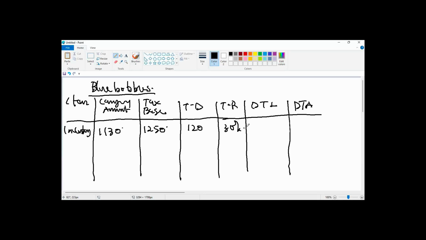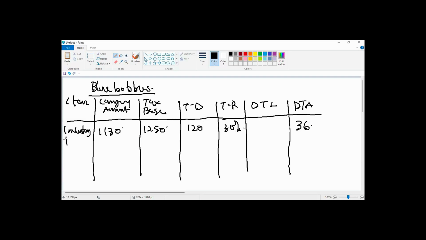Tax on 120. Sorry, it's supposed to be 30%. So that's 36 instead of 120. Yes, sir.